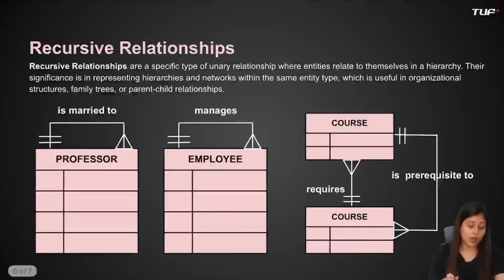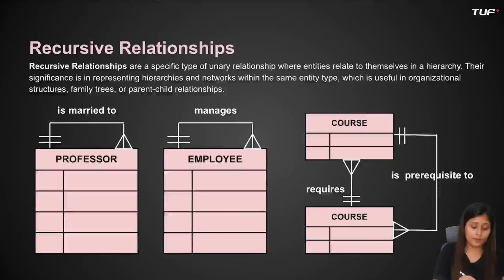So now let's move on to a higher order or recursive relationship. This type of relationship specifies a type of unary relation where entities relate to themselves in a hierarchy. Their significance is in representing hierarchy and network within the same entity type.